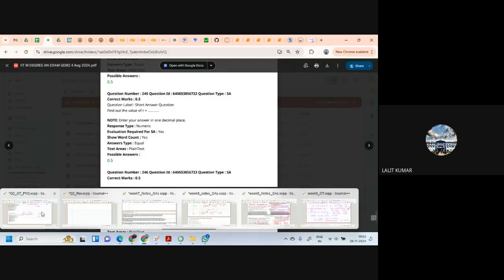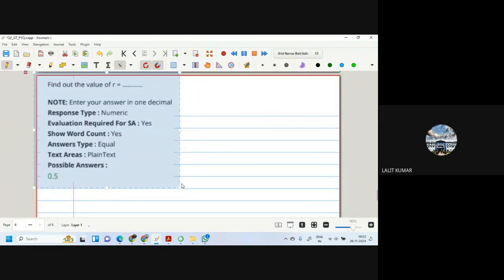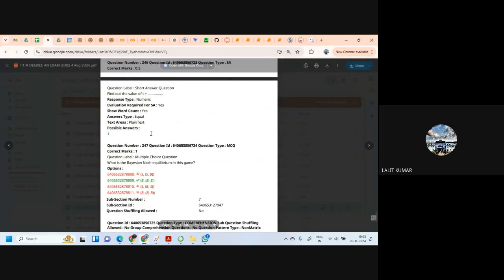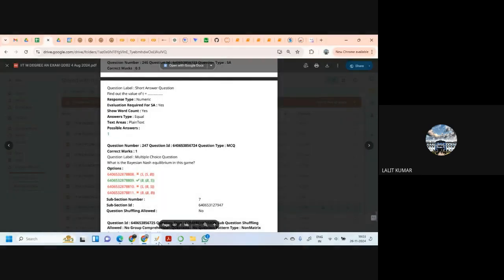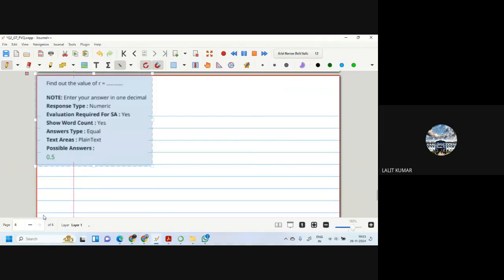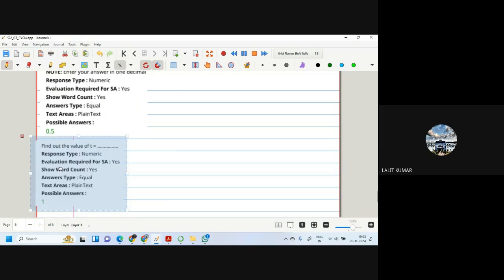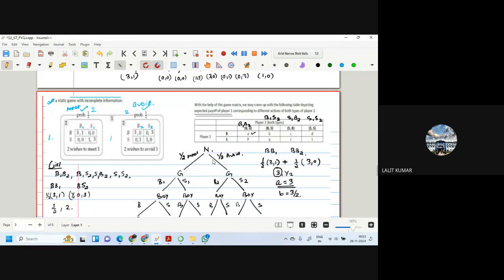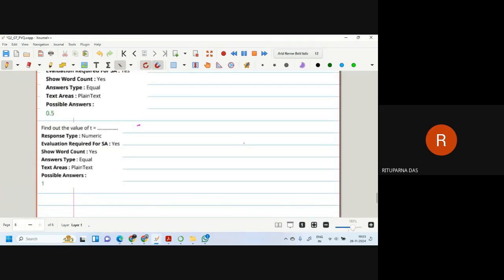For completeness purposes I paste this. Let's find one more for D. So for D it is BS1, SS1, SS2. Lalit, your voice is breaking.